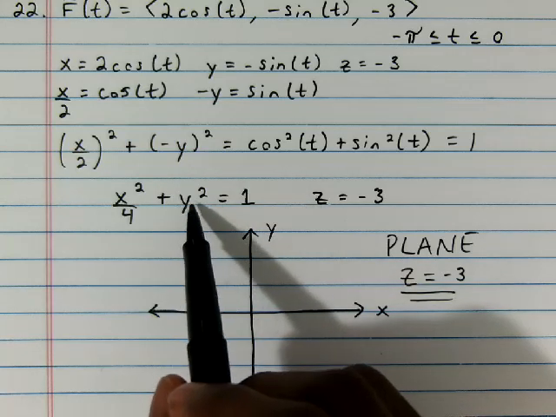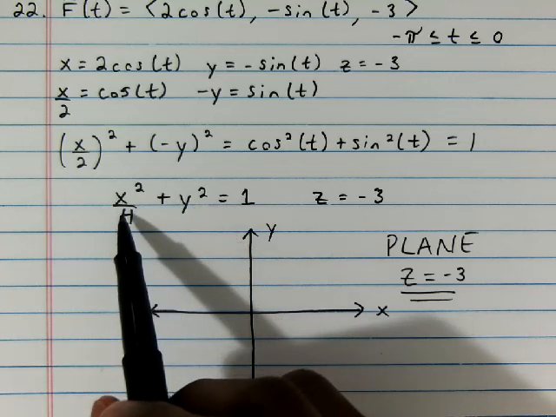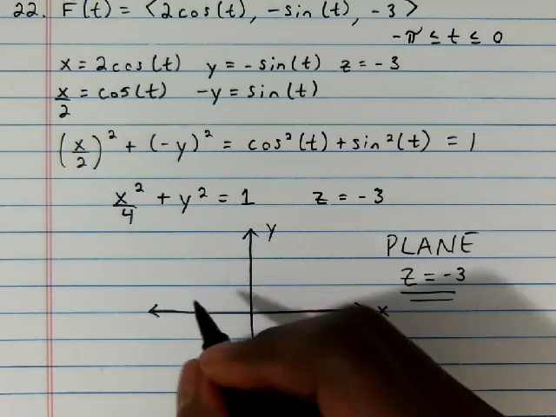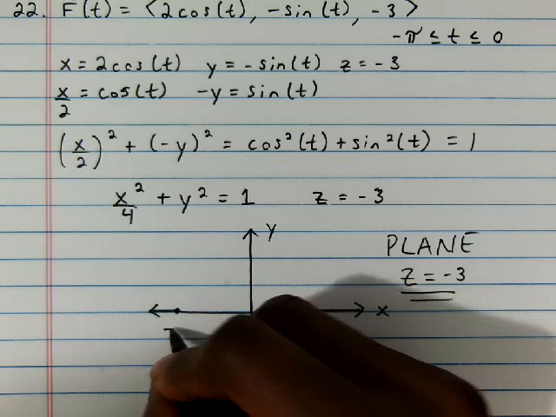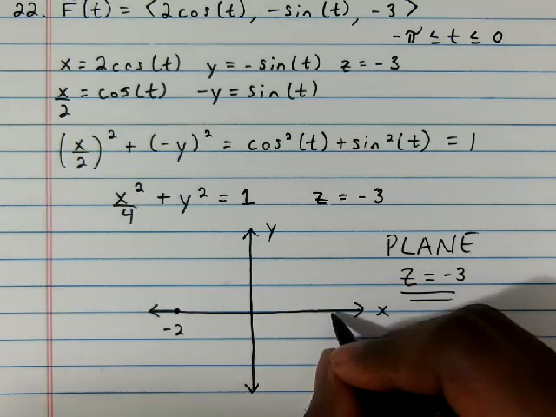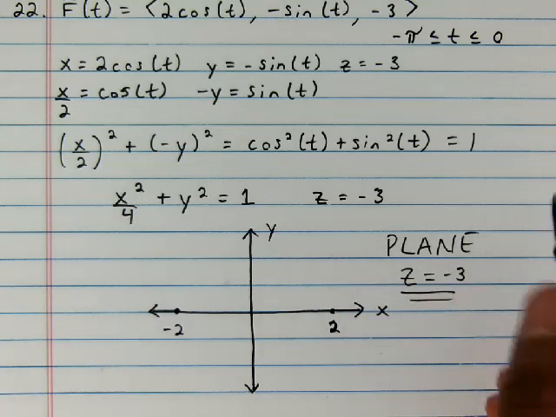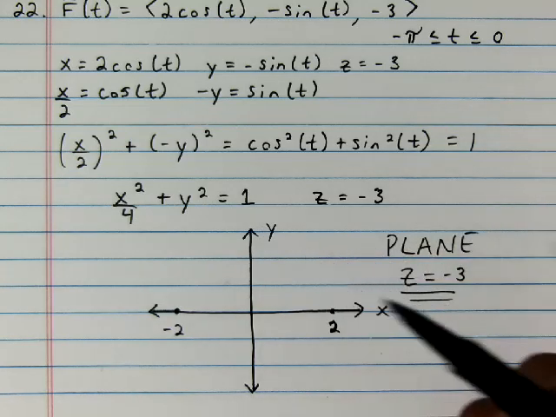For y equals 0, what am I going to get for x? When y equals 0, I'm going to get x equals plus or minus 2, because the 4 will go over to the other side. So I'm going to get -2 and 2. And I'm not going to sketch anything yet because some of these points may not be on here because I have to go back to this. And I'm going to do the same thing.